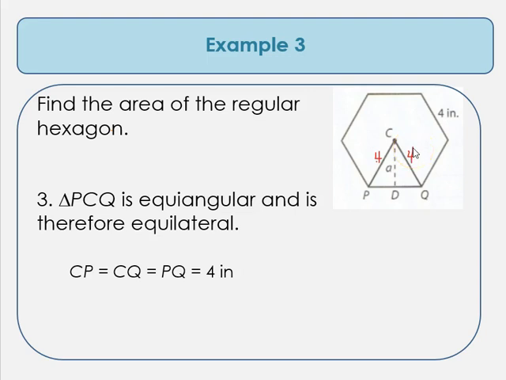And remember that the apothem divides this side in half, so DQ is 2 and DP is 2.